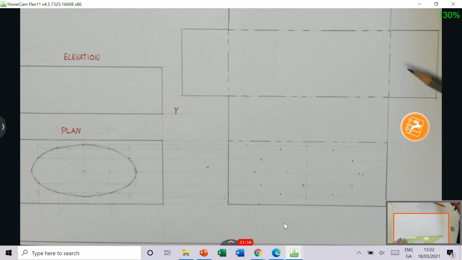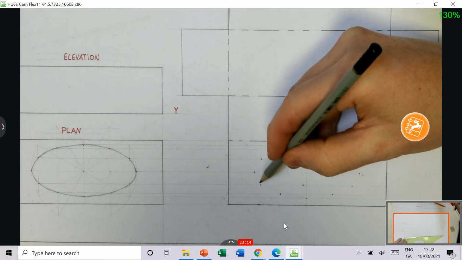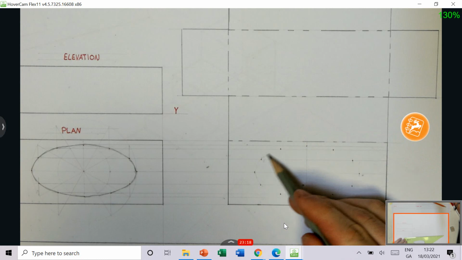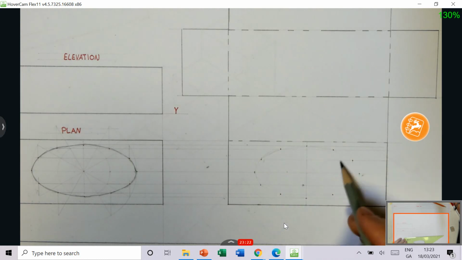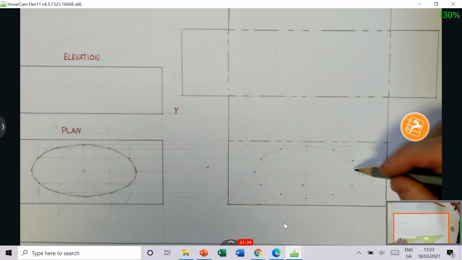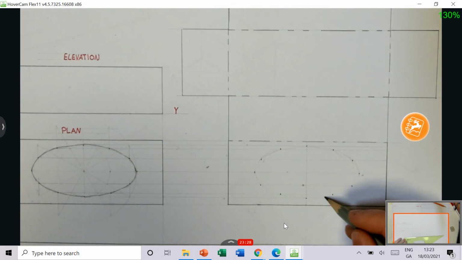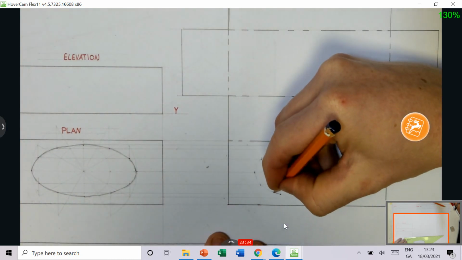Okay, go over that now with a construction line. And once you're happy with that shape, then go over it with a firm line.